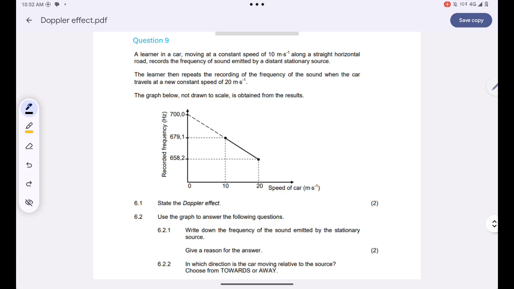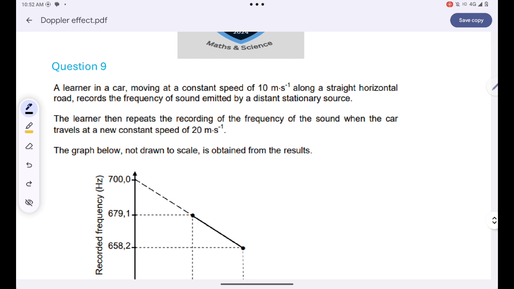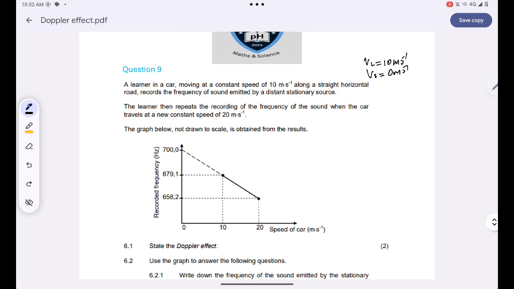Okay, I now know that the velocity of the listener is 10 meters per second and the velocity of the source is 0 meters per second. The learner then repeats the recording of the frequency of the sound when the car travels at a new constant speed of 20 meters per second.